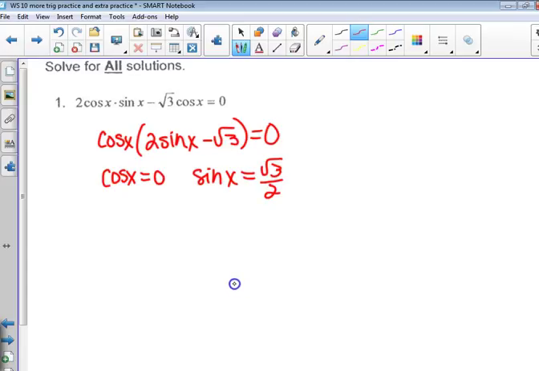All solutions. Yep. Where's the cosine 0? That's fine. That is equivalent. Where is the sine square root of 3 over 2?